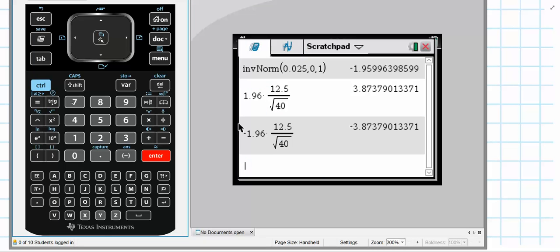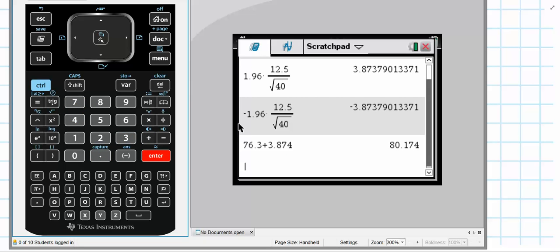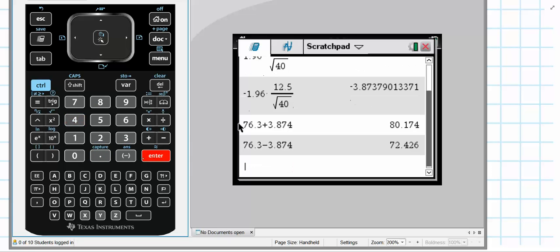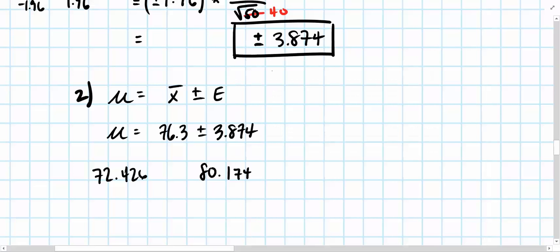Now, when I add 76.3 plus 3.874, I see that we have an upper limit of 80.174. And when I subtract 76.3 minus 3.874, I see that we have a low range of 72.426. Therefore, with 95% confidence, we would think that mu falls between 72.426 and 80.174.